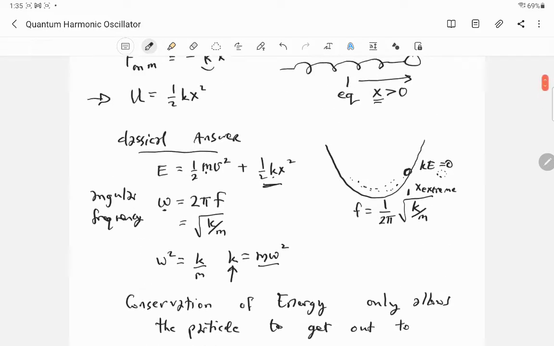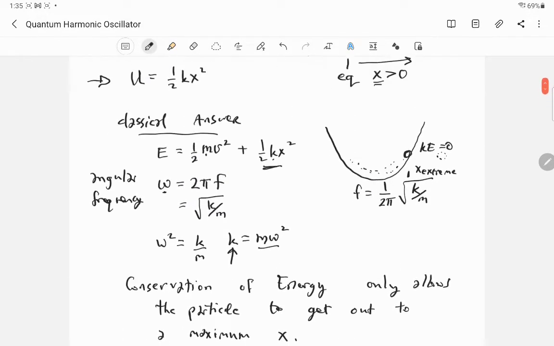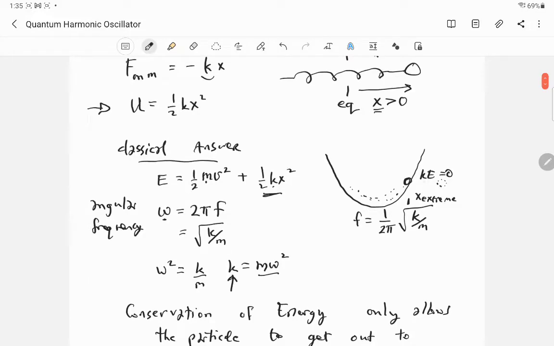The reason why the particle tends to spend most of its time out here is simply because its kinetic energy is the smallest out there. And if it's the smallest, then it moves the slowest. So it spends a lot of time over here in its lifetime, a lot of time over here, not so much time in the middle, because it passes through so fast with high values of kinetic energy.